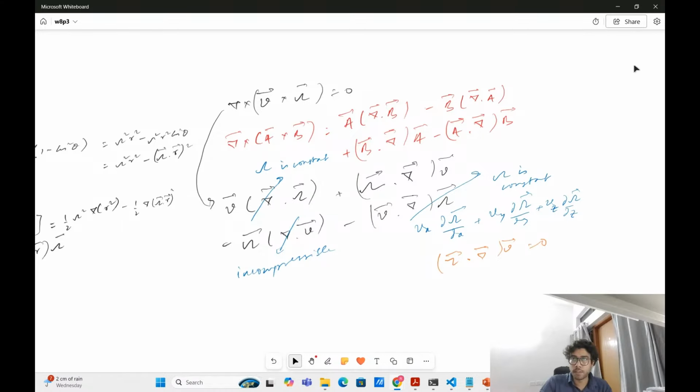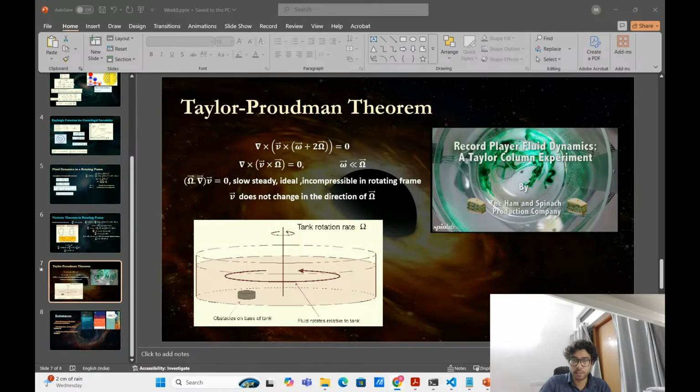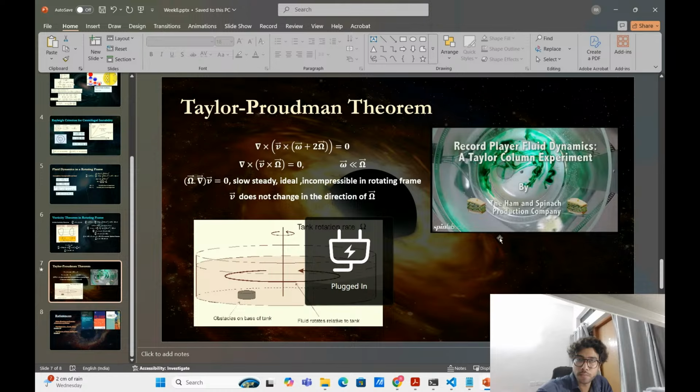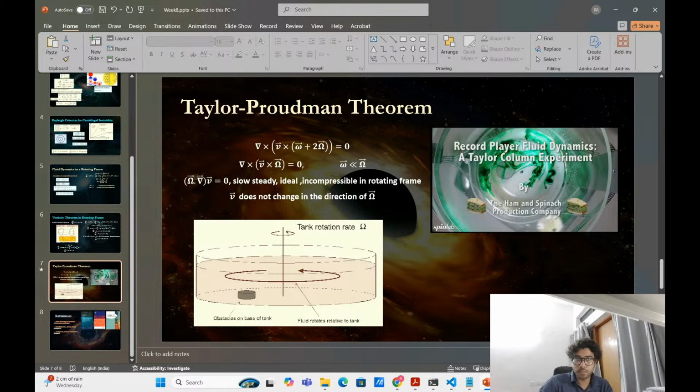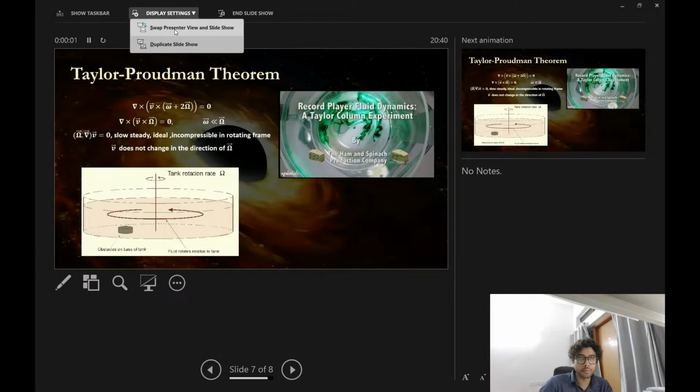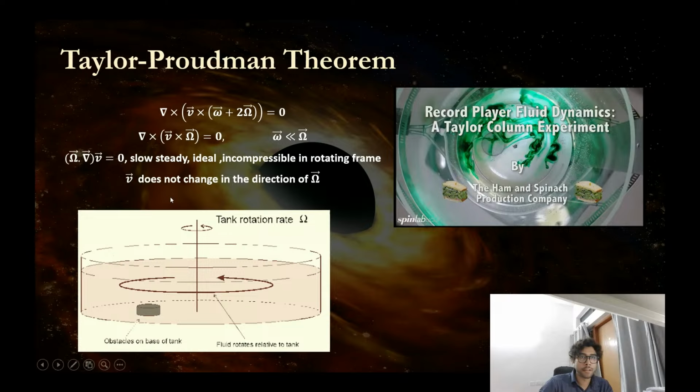That is the final equation that we have. So that's how we go from here to here.